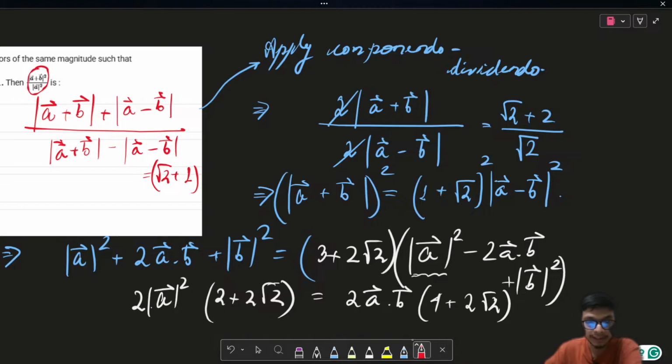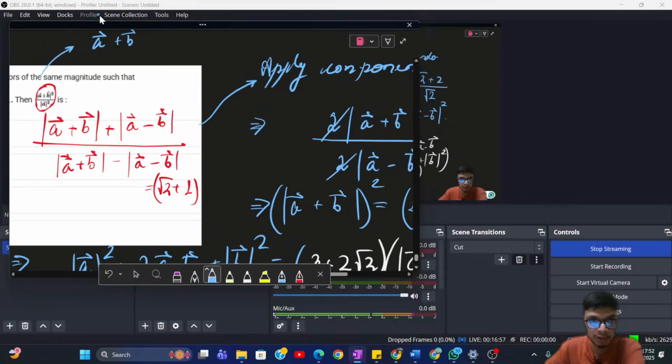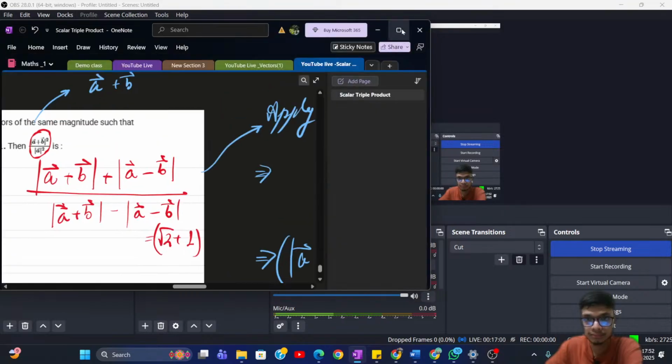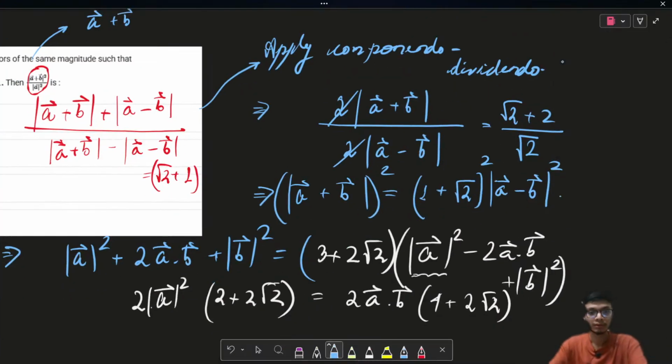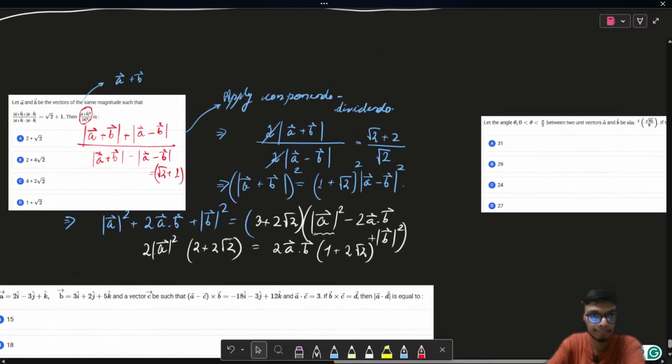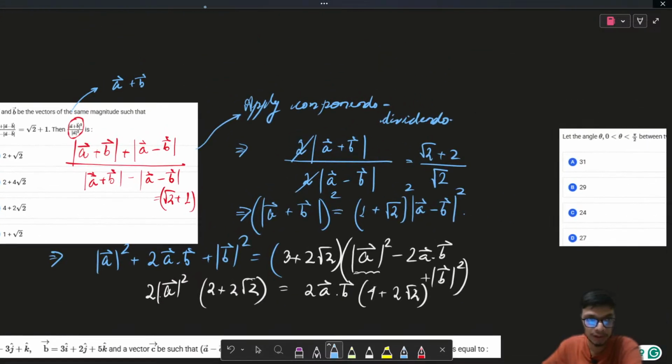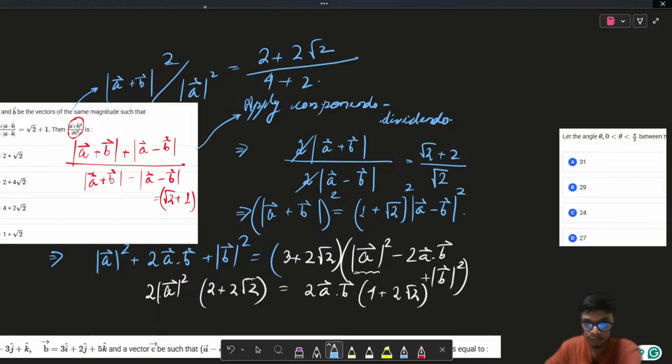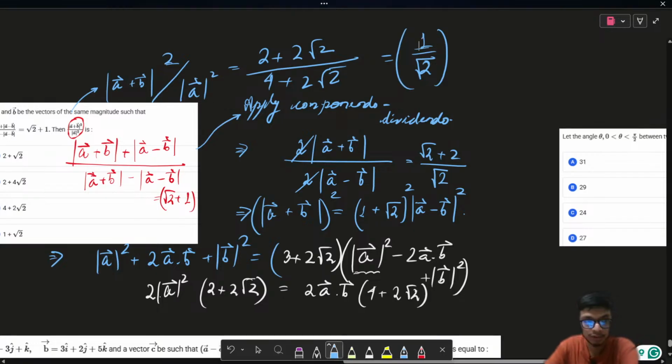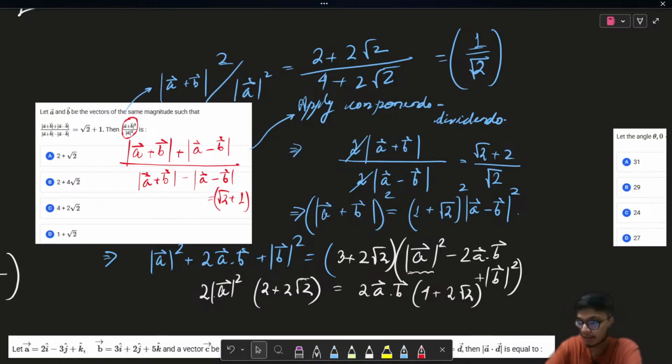So I will obtain this ratio. From here I can write this result: mod of a plus mod of b whole square divided by mod of a whole square will come out to be 2 plus 2 root 2 divided by 4 plus 2 root 2, which will come out as 1 upon root 2.